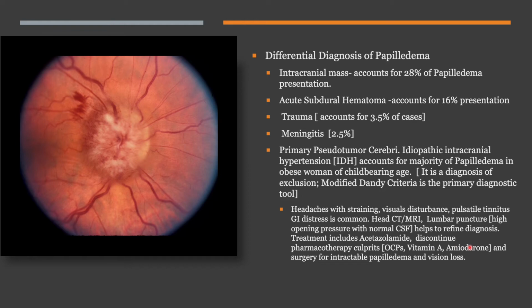There are others, just to name a few. Obviously, finding alternative therapy for these aforementioned drug culprits is also important. And last but not least, surgery for intractable papilledema and vision loss.